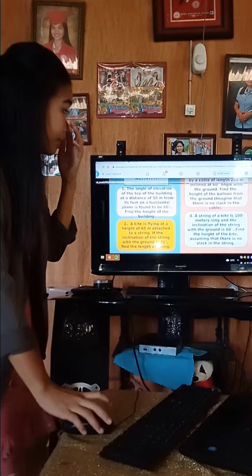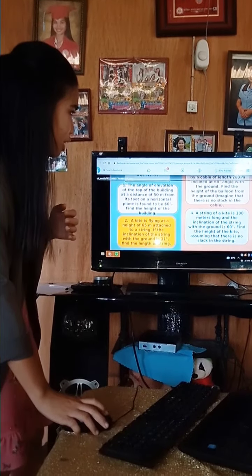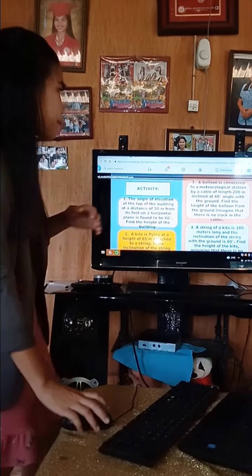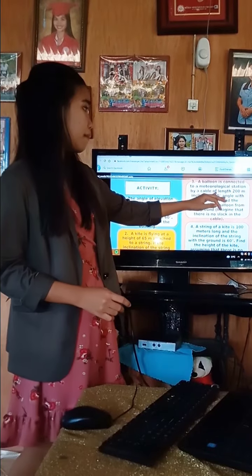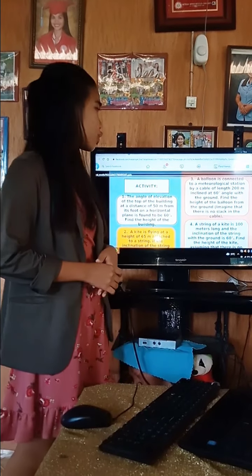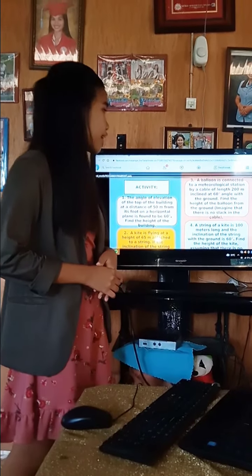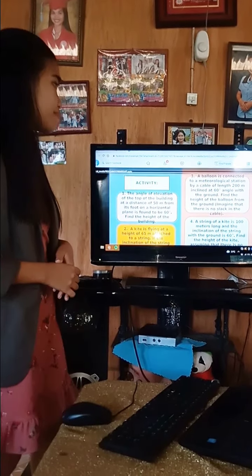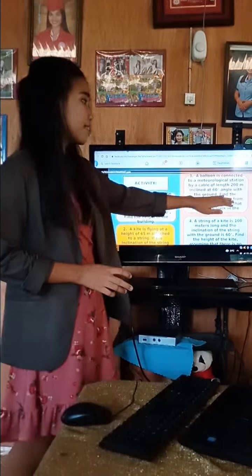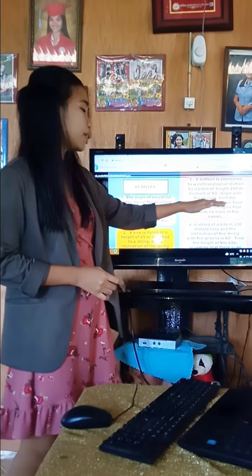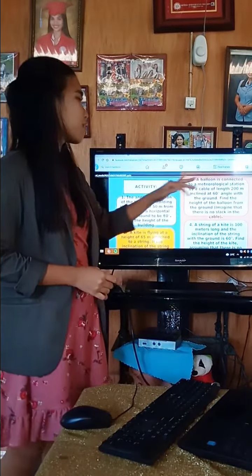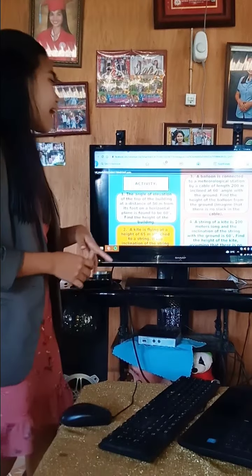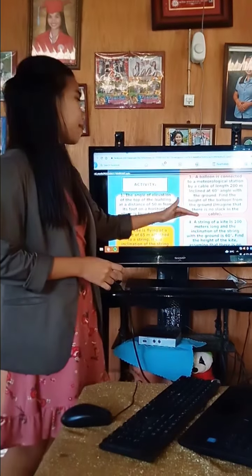And for number 3, a balloon is connected to a meteorological station by a cable of length 200 meters, inclined at 60 degrees angle with the ground. Find the height of the balloon from the ground.